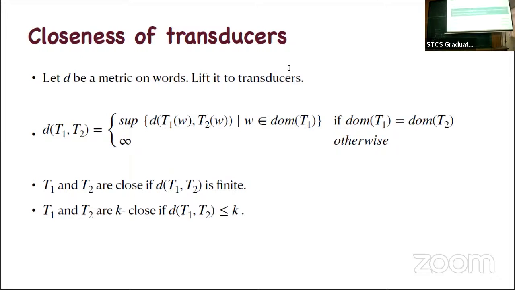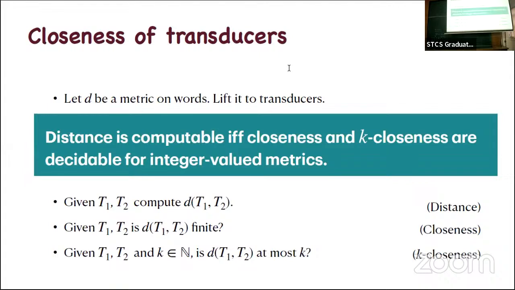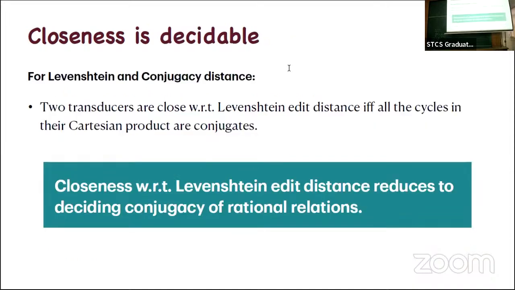Okay. So now, here is an observation. You can compute the distance on a metric if and only if you can decide closeness and K-closeness. My point is this observation: two transducers are close, that means on any input the maximum distance between their outputs is bounded, if and only if all cycles in the Cartesian product are conjugate.